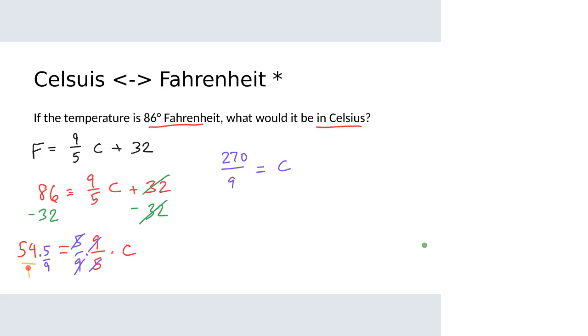I'll multiply numerators. 54 times 5, that's where the 270 comes from. Multiply denominators, 1 times 9, that's where that 9 comes from. So that's how we end up with 270 over 9. Last thing we need to do is just divide those, and 270 divided by 9 is 30. So if the temperature is 86 degrees Fahrenheit, then it would be 30 degrees Celsius.